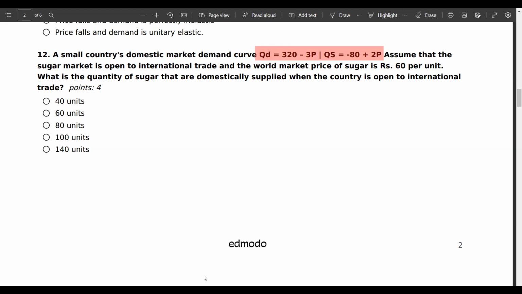We'll find out in the domestic market. Actually, for this question you don't have to even do that, but for the sake of explaining how this question goes, I'll take you through that process also. So quantity demanded equals quantity supplied. In the domestic market, let's forget about the foreign market at all. If only domestically produced sugar is there, what will happen to the equilibrium price and quantity?